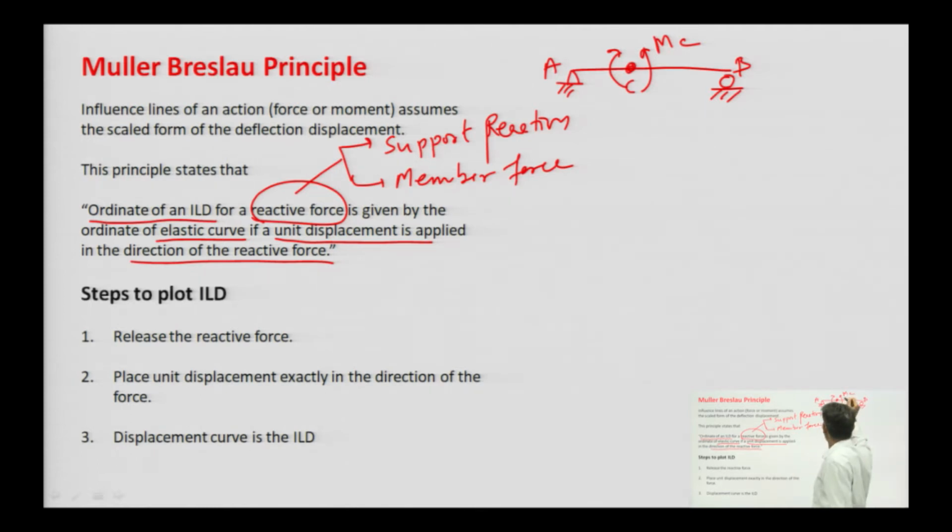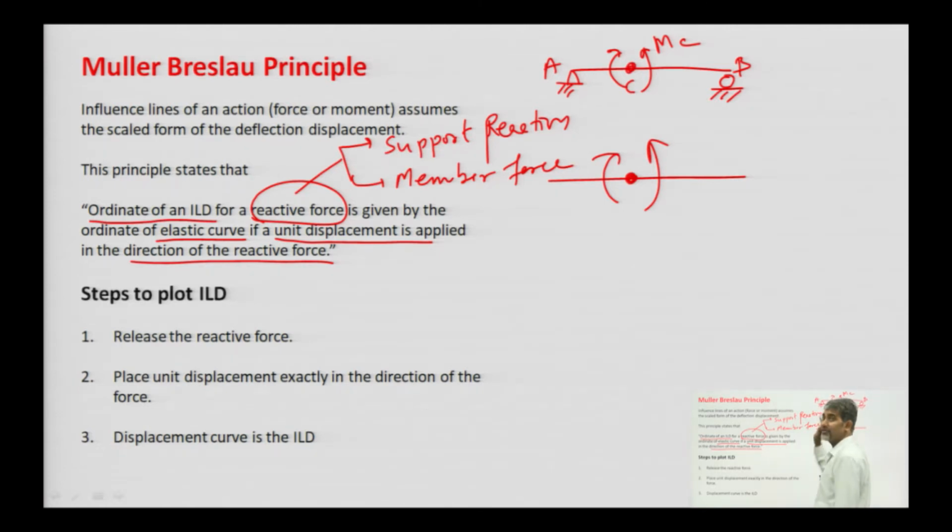in the direction of the reactive force, and what is the reactive force? It is bending. It means this one part needs to be considered as a hinge.